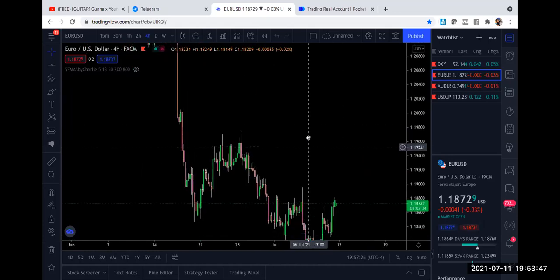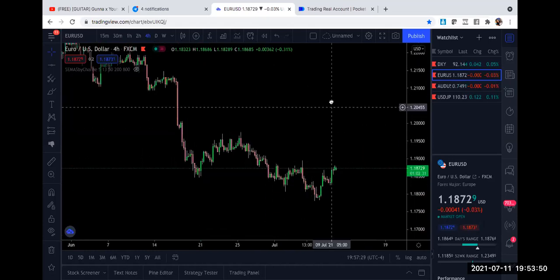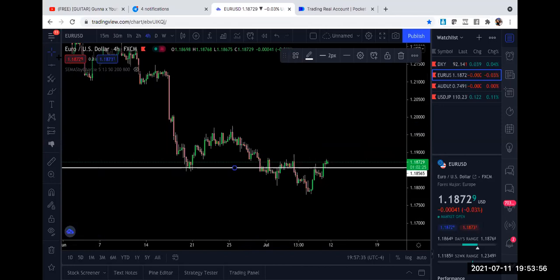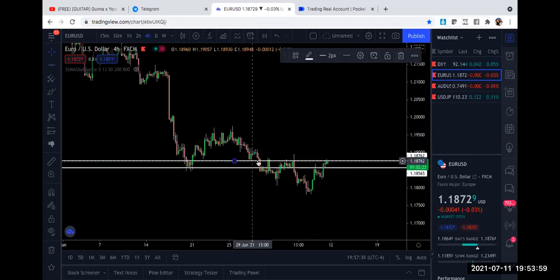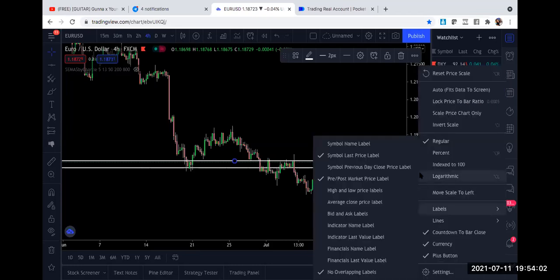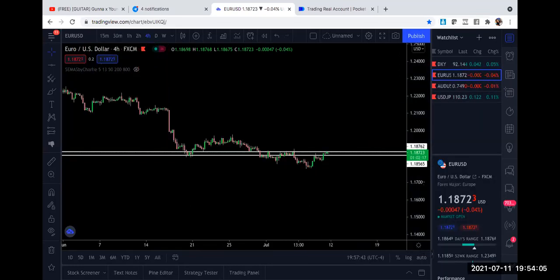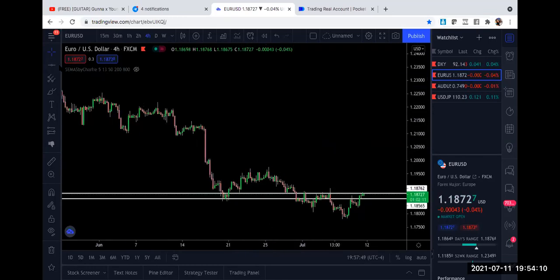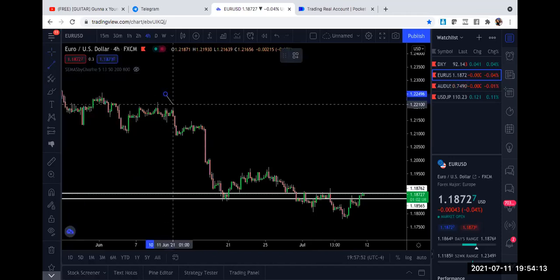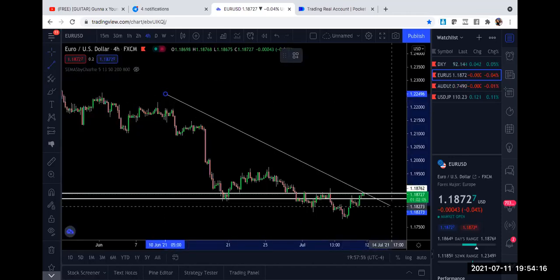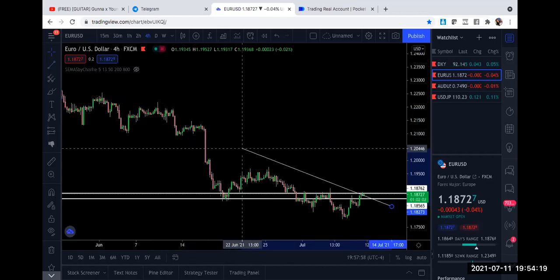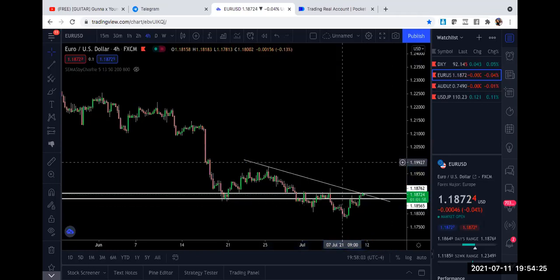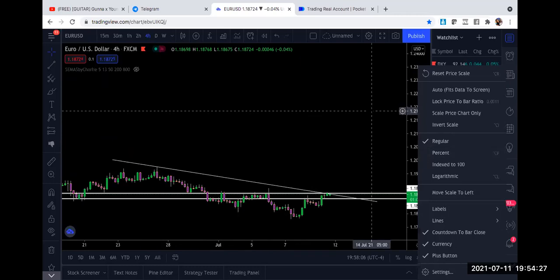All right. So I personally think that we're going to be headed up this week. So this is what I'll be looking for. We'll see if we get this break above this area right here.